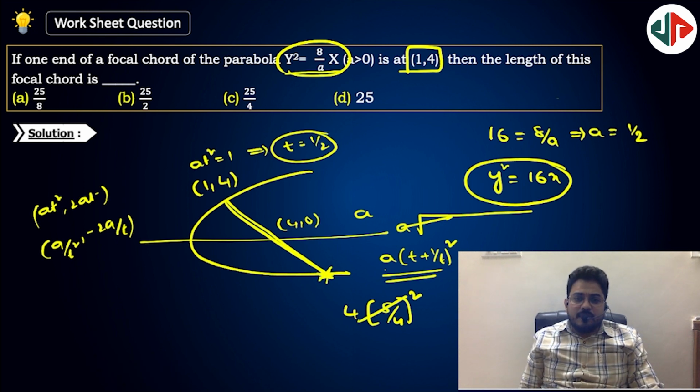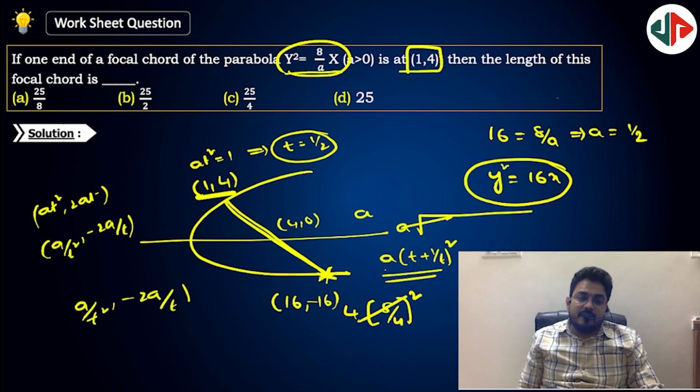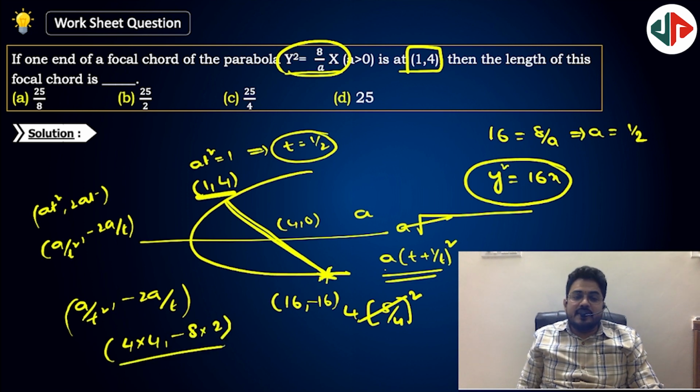Now this point will be 1 comma 4, this is 16 comma minus 16. Why? A by t square comma minus 2a by t. So this is 4 by 1 by 4 comma minus 8 comma 2. So the distance between these is root over 15 square plus 20 square, which is equal to 25.